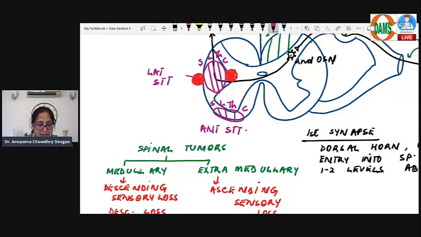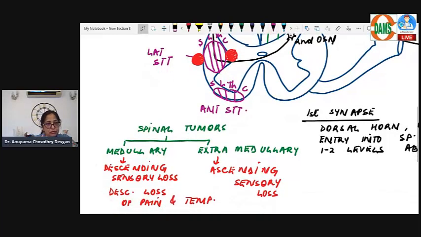Spinal tumors, like I said, could be medullary or extramedullary. If it is a medullary spinal tumor, it's a descending sensory loss. If it's an extramedullary spinal tumor, it's an ascending sensory loss.